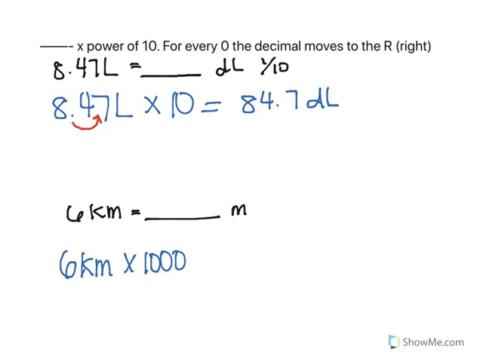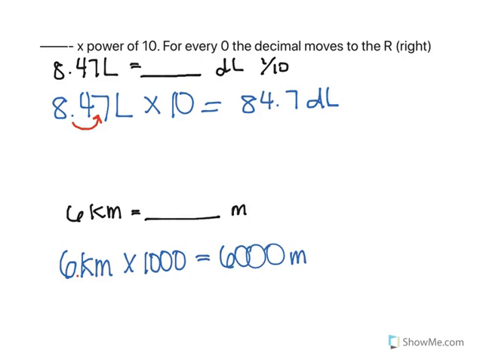Now, for 6 kilometers times 1,000, I just need to move my decimal 3 places over. Remember, with a whole number, the decimal is after the ones place. So this is really 6 times 1,000, which equals 6,000 meters. So 6 kilometers equals 6,000 meters.